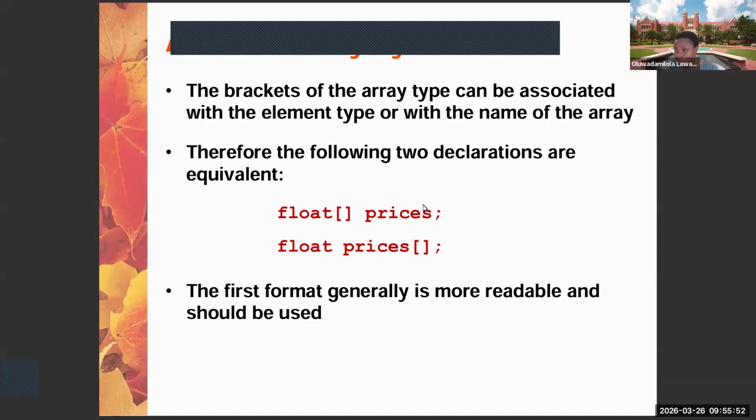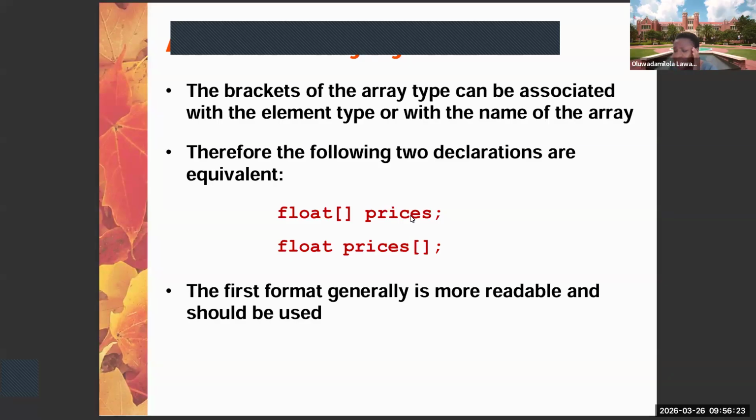So it's very, very important. We can use any of these declarations. However, the first declaration, that is your open and close square bracket immediately after the data type of the array, is mostly used, it's widely used, but it doesn't mean if you use the second type of declaration, you will get an error message. No, we won't be having an error message. However, the first is easier for readability.